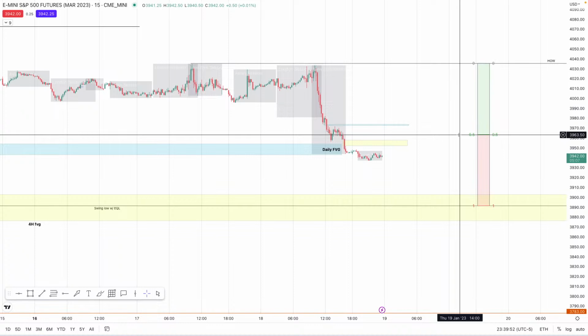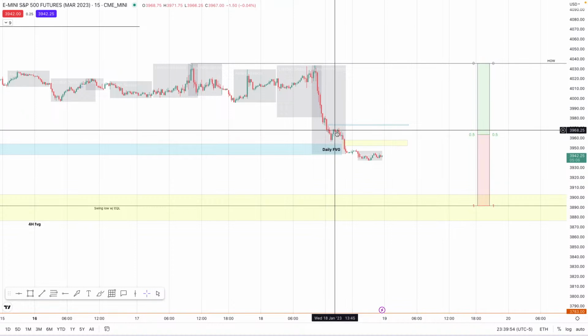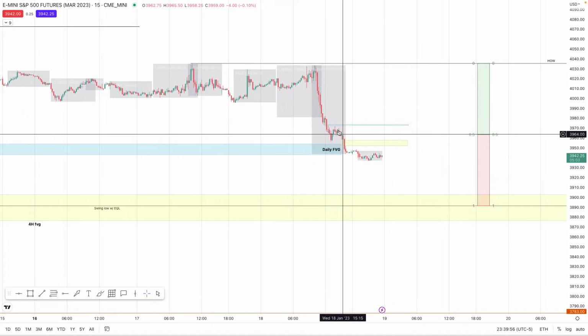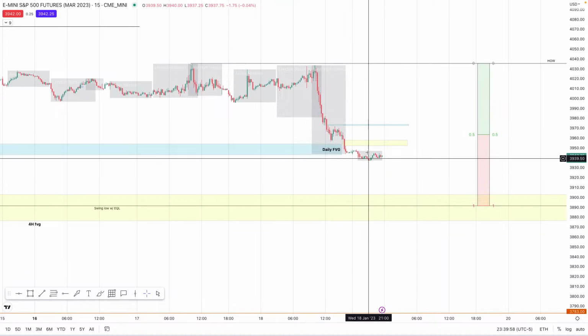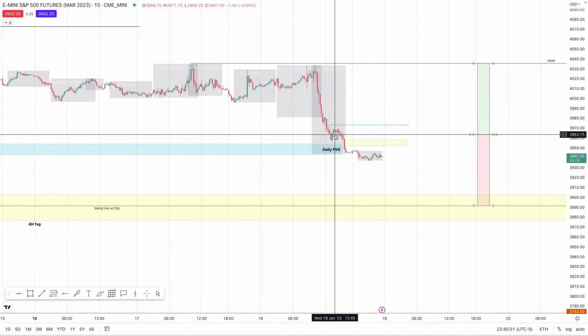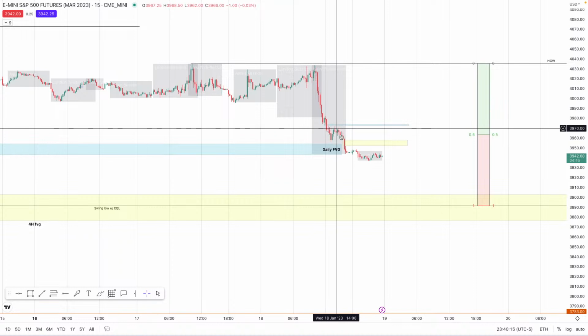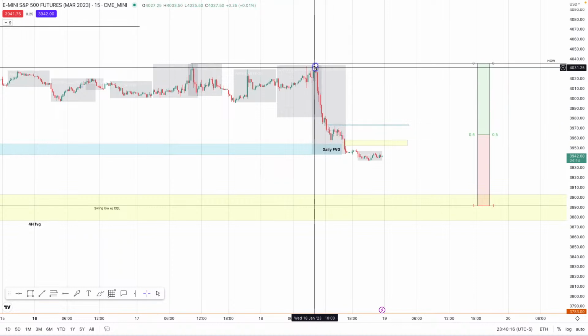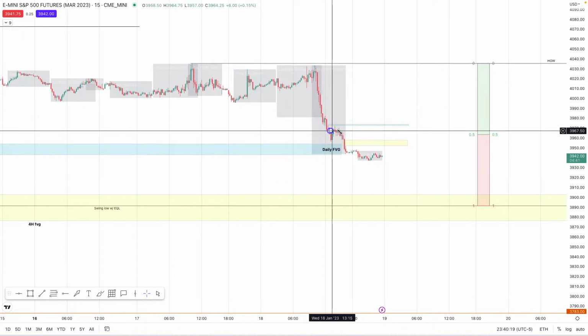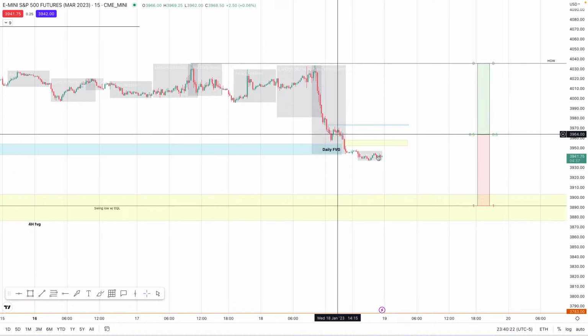And if you do this frequently, look at where price made its little consolidation before starting to move down lower, right at equilibrium. You'll notice that when you run these PD arrays in your ranges, price likes to consolidate around equilibrium because it's distributing. It just came from this premium area up here, moving down. It's getting rid of some of its orders and it's distributing on its way down.